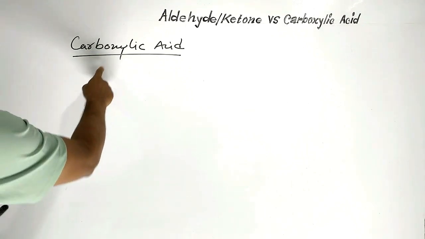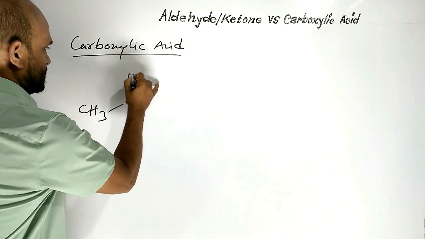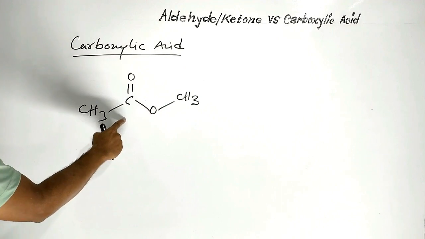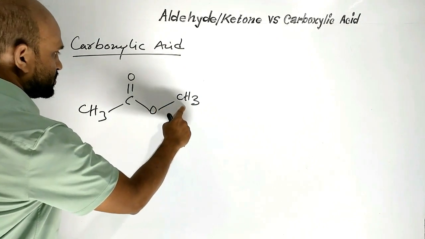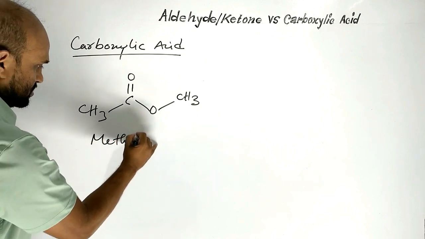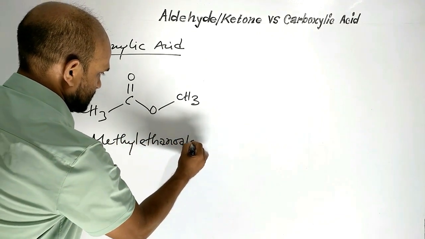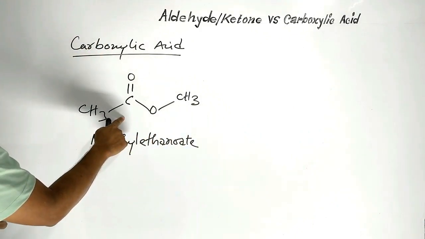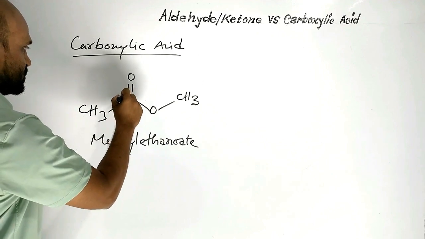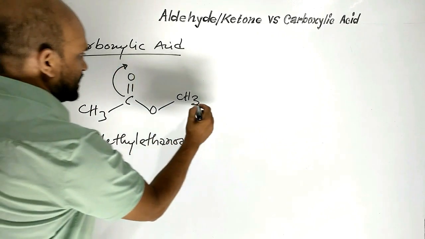Another carboxylic acid derivative, that is ester. This is a kind of ester. Its name is methylethanoate. Methylethanoate contains a carbonyl group, CO group, in which polarization occurs.